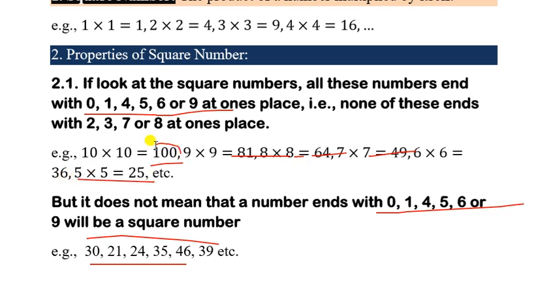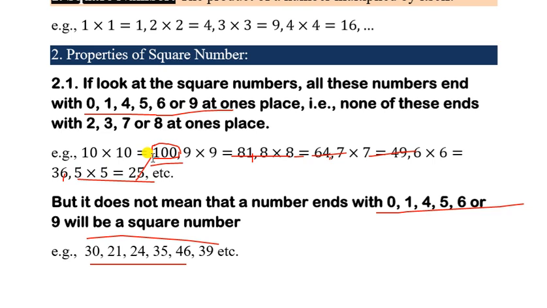You will check this one, see all are square numbers, and the last digit, that means one's place digit, is 0 here, 1 here, 4 here, 9 here, 6 here, and 5 here. So for a square number it is necessary that at one's place digit there will be 0, 1, 4, 5, 6, 9.